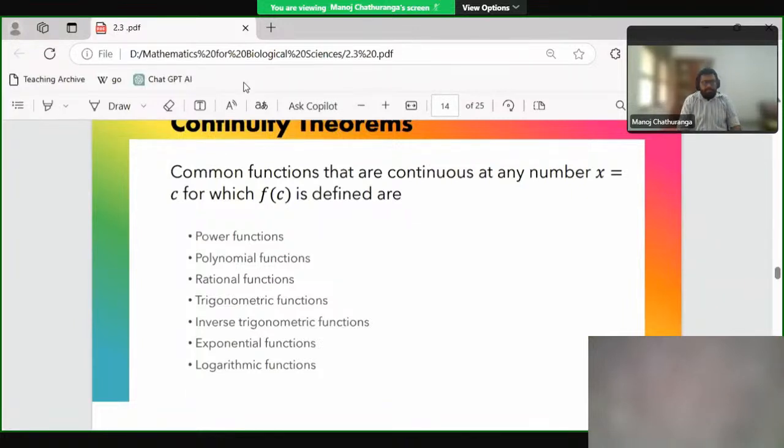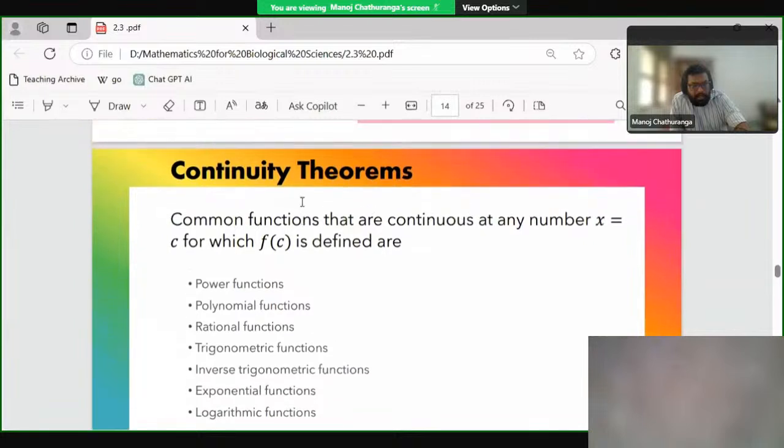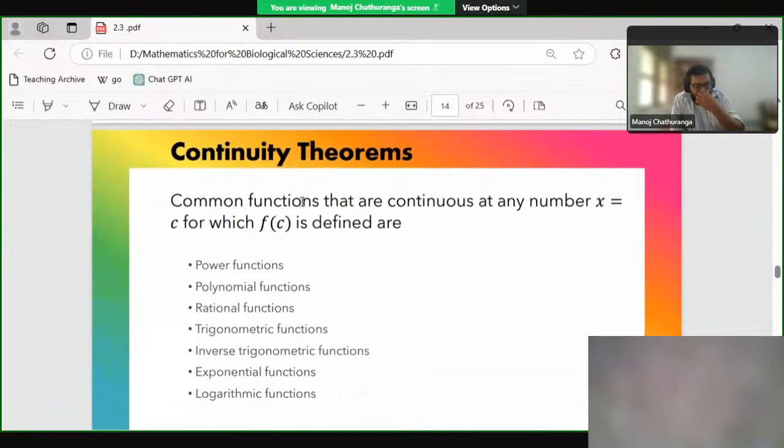If not, let me tell you something about continuous functions. Examples for continuous functions. So I call these continuity theorems. But the one thing you need to understand is most of the functions that we know are continuous on their domain.